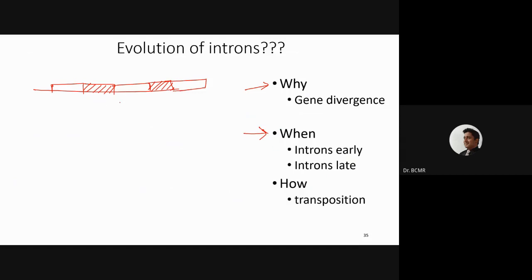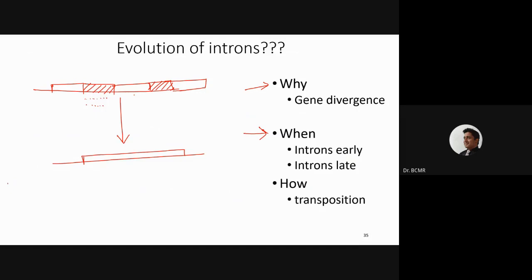Some people believe that the first genes had introns, and later in prokaryotes, which have to feed fast and grow fast, and their nutrition is limited, they would not want to spend time on synthesizing the pre-mRNA, then splicing it out and all those things. Instead, if introns were lost, they would be able to grow faster.